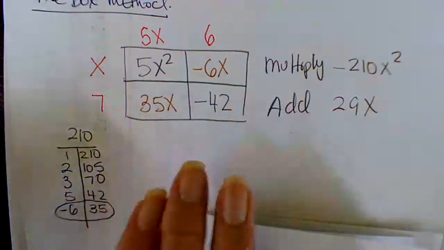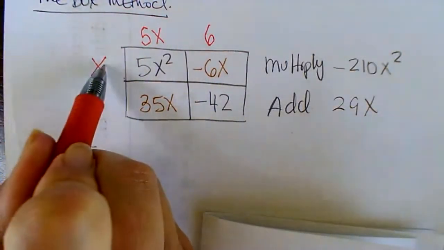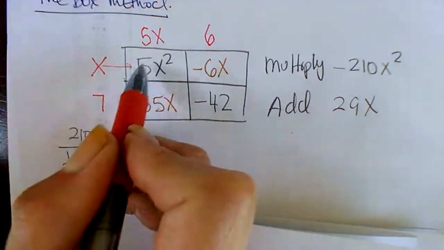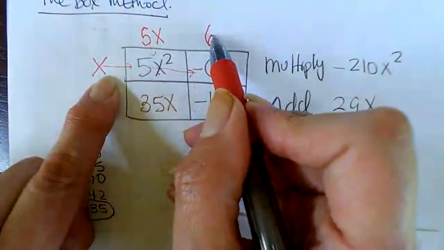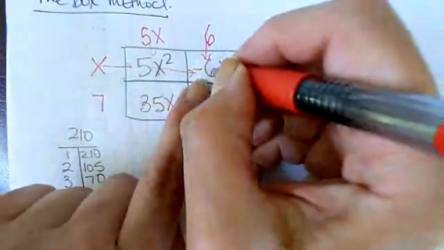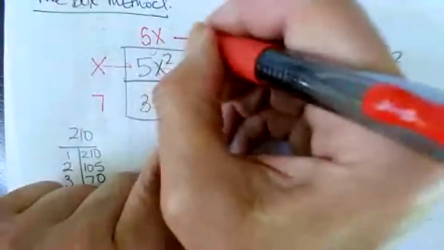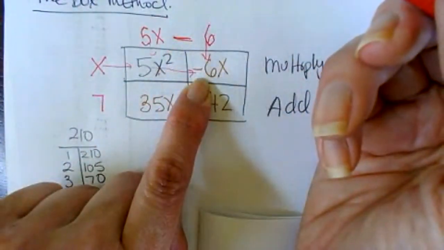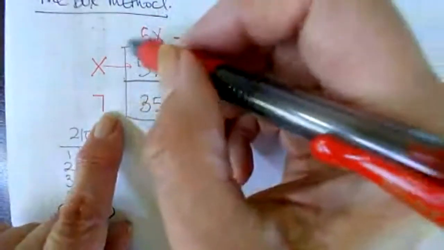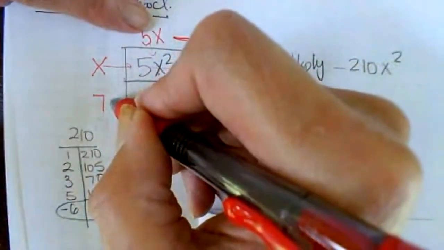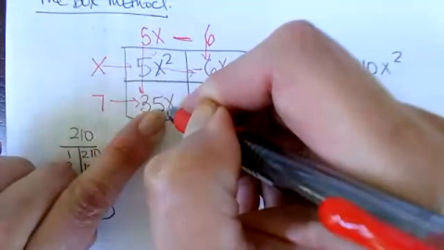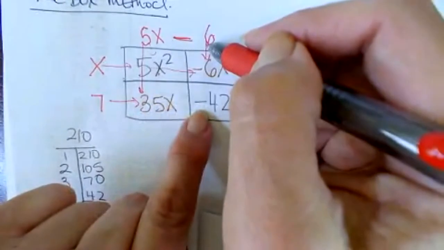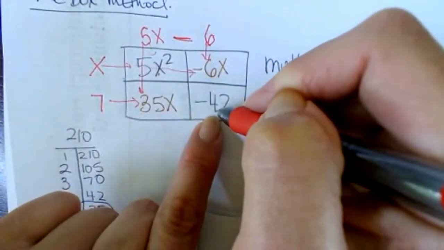There we go. Now let's see the signs. If I multiply this x times this 5x, I get positive. So if I multiply this x times 6, I need to get negative 6x. So this is going to be negative. Let's go down and do this one. 7 times 5x is going to be 35x. And 7 times negative 6 is going to give me negative 42.